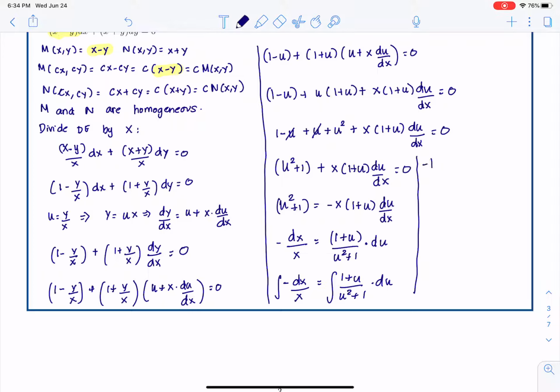So negative ln of x equals the integral of du over (u squared plus 1) plus the integral of u du divided by (u squared plus 1). The first integral is easy. That is simply tangent inverse of u. The second integral requires a substitution.